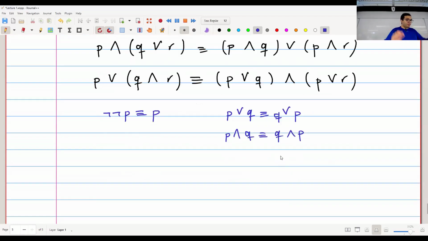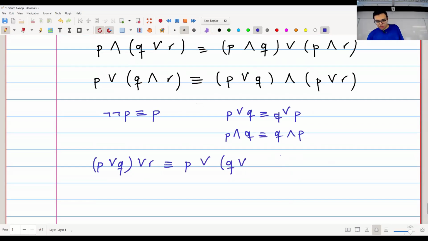We have some more. Yeah, well, we have associativity basically. So if I have P or Q, all of it ORed with R, this is the same thing as P or Q or R. So basically, if I have a bunch of ORs, I don't need to put the parentheses because it doesn't matter how you interpret it.